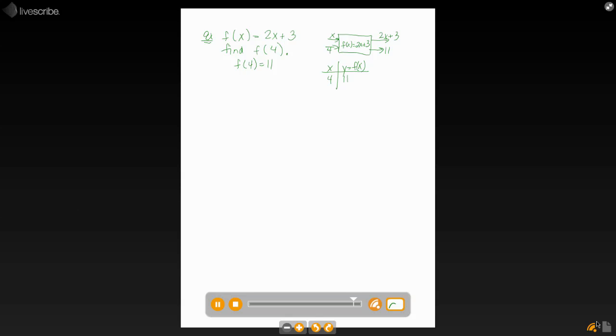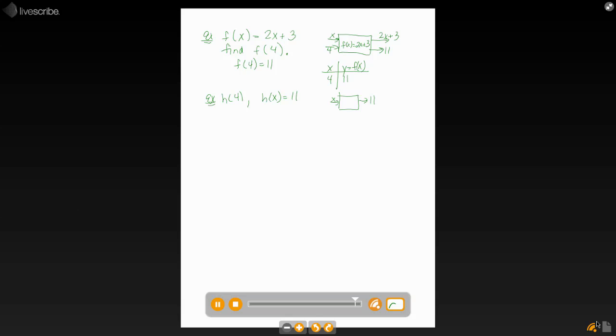This is a kind of funky one. I can use different letters for my function. I can say h of 4, where h of x equals 11. So, machine-wise, I plug in an x, and what does this h of x equals 11 mean? It means I'm plugging in x and out comes 11.